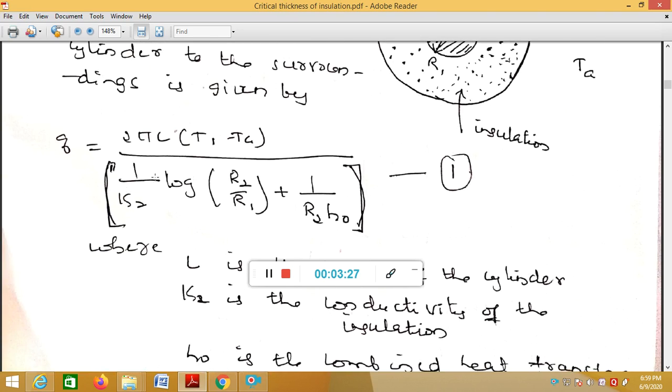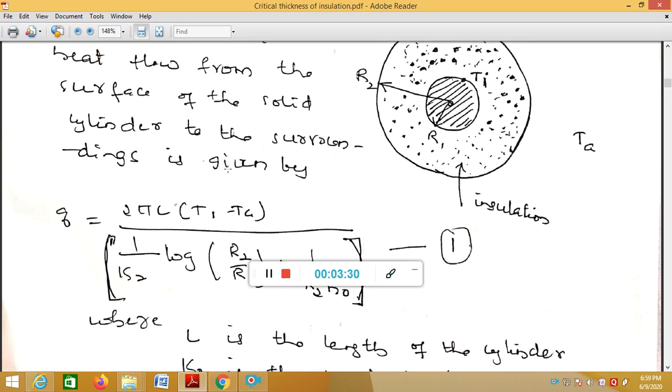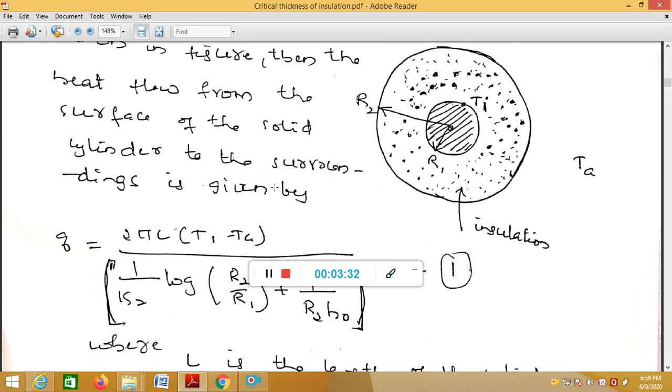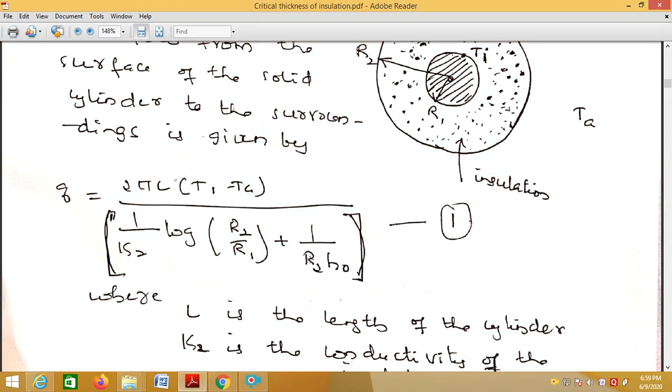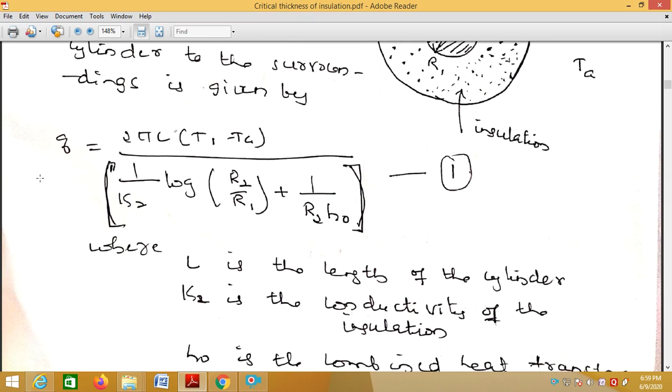As I told, Q, the heat loss from an insulated wire having surface temperature T1, radius R1 and insulated with insulating material, R2 being the outer radius, is given by Q equal to 2 pi L (T1 minus Ta) divided by [1 by K2 log R2 by R1 plus 1 by R2 H naught]. For Q to be maximum, this denominator quantity should be minimum.